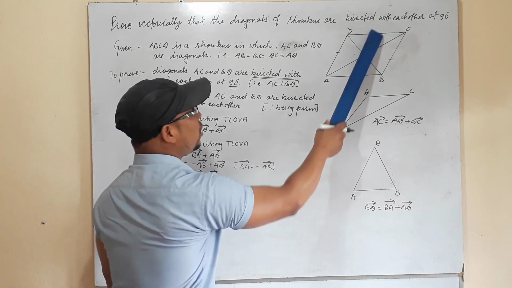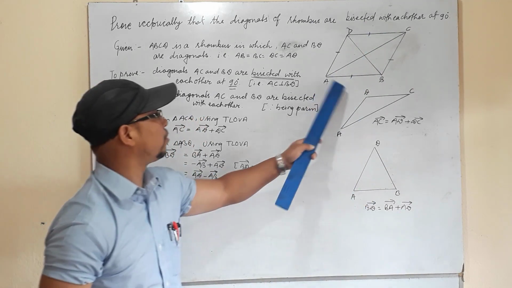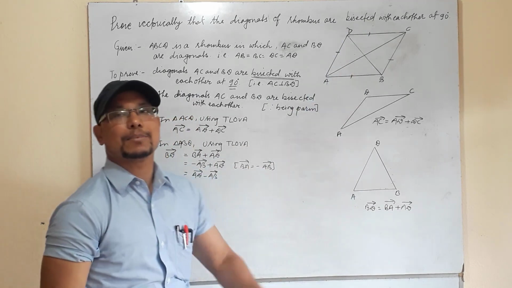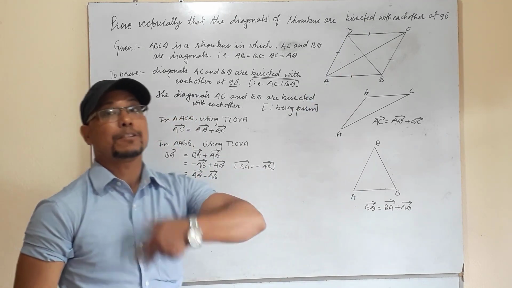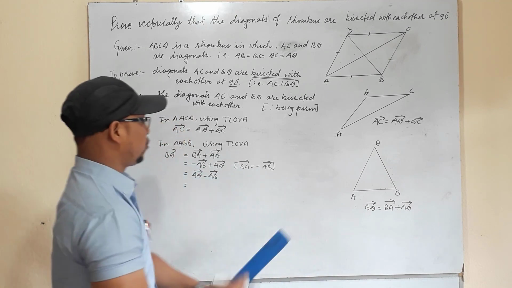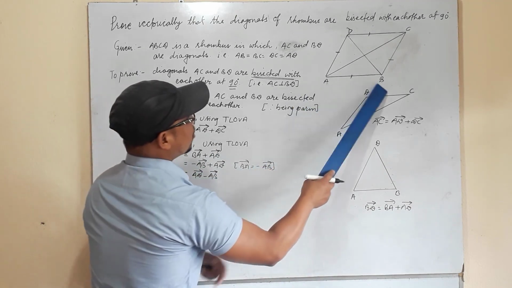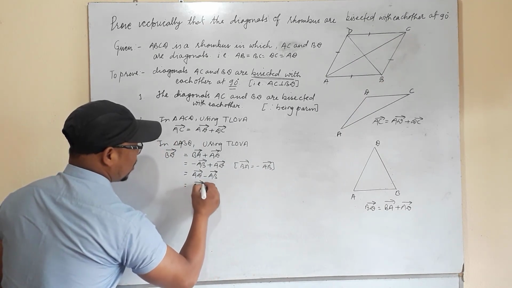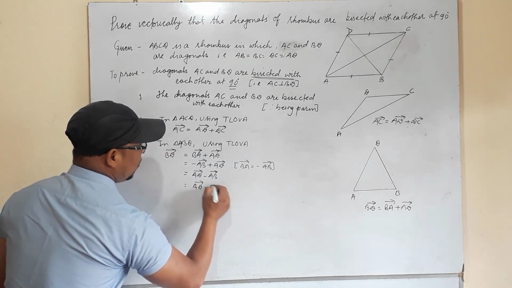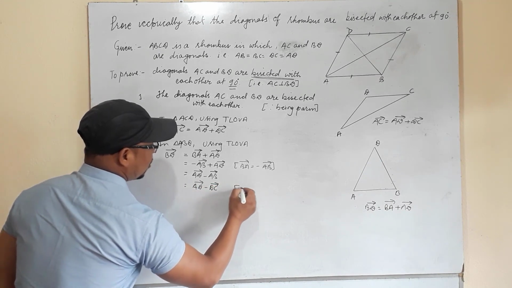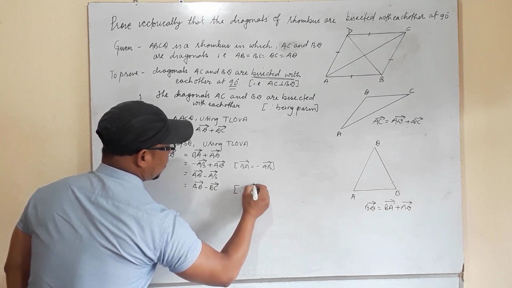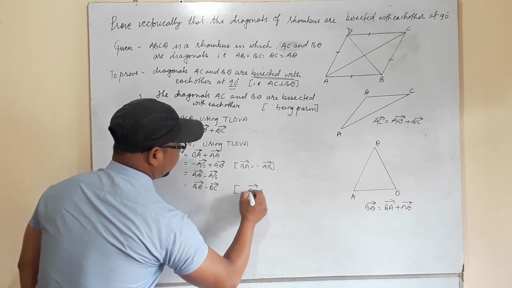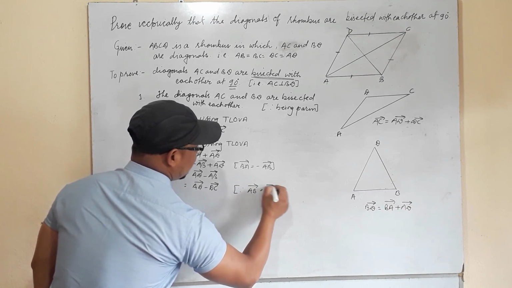They are equal in magnitude because this is a parallelogram: opposite sides are equal, and they are parallel also. If vectors are equal and parallel, we can replace one vector by the other. So we can replace the AB vector by the DC vector. So here it is AD vector minus DC vector, since AB vector equals DC vector.